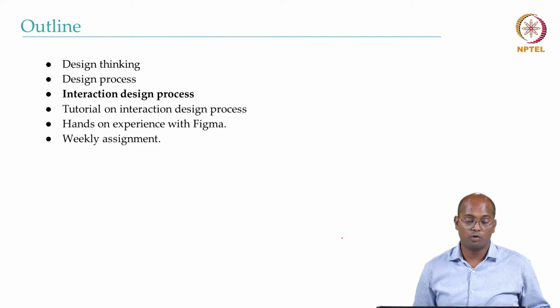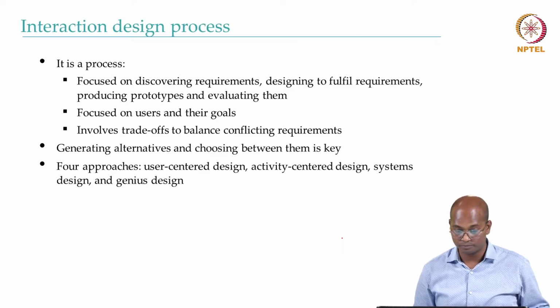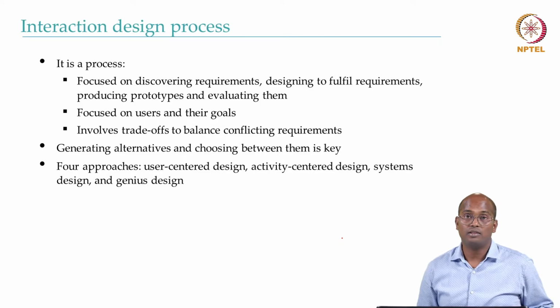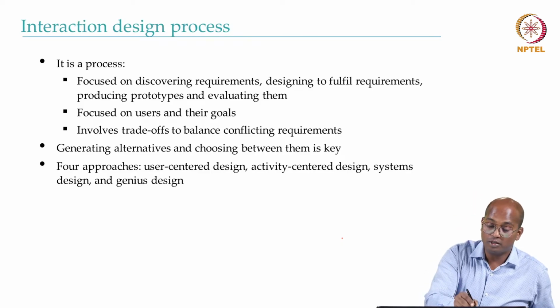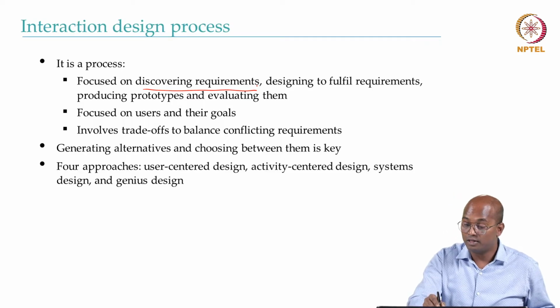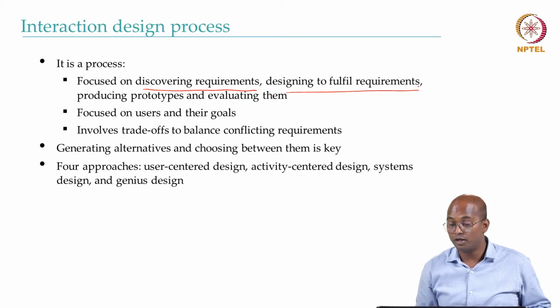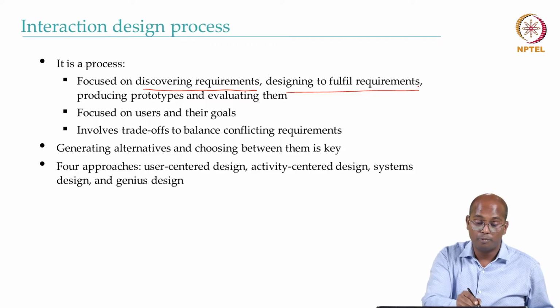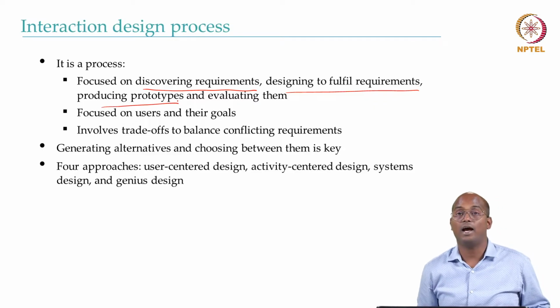So next we are going to study what is interaction design process. It is a process which focused on discovering requirements, designing to fulfill requirements, producing prototypes and evaluating them.